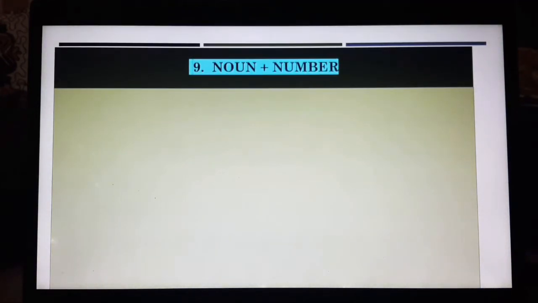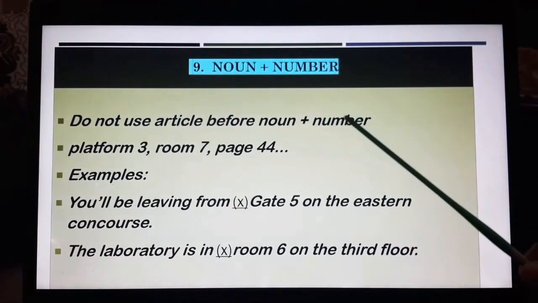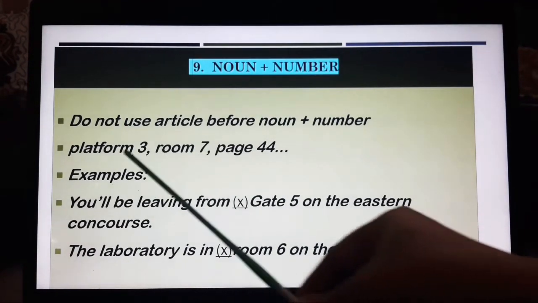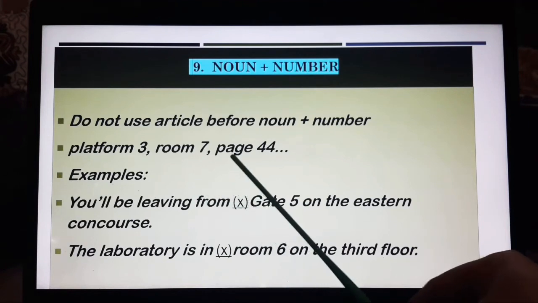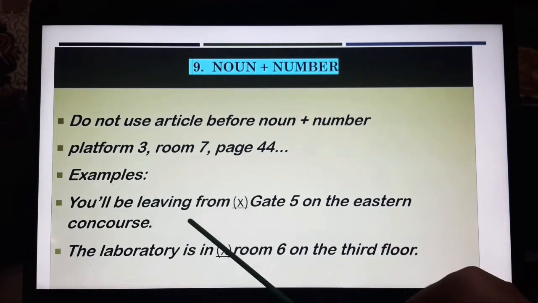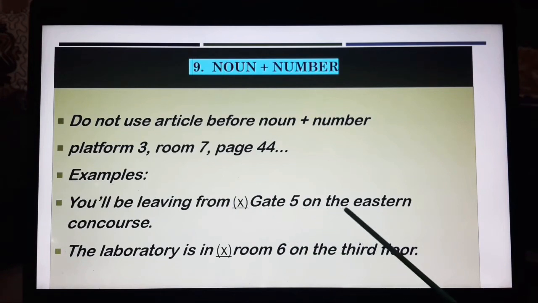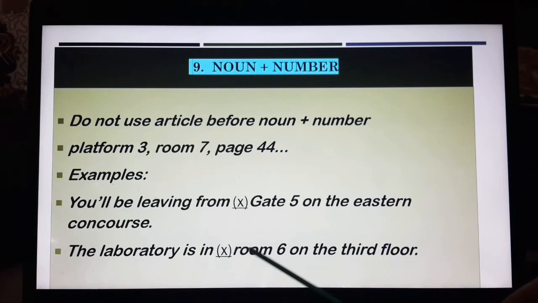Noun plus number: do not use an article before a noun plus number. Like that: platform number 3, room number 7, page number 44. See the examples. You will be leaving from gate 5 on the eastern concourse. The laboratory is in room 6 on the 3rd floor.